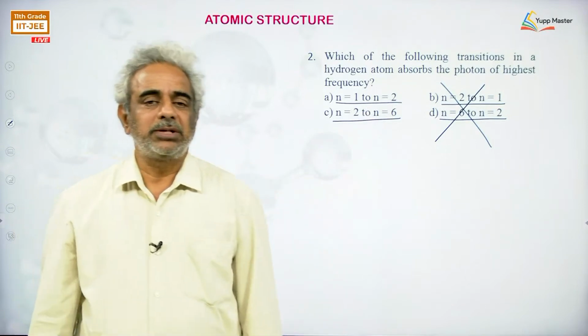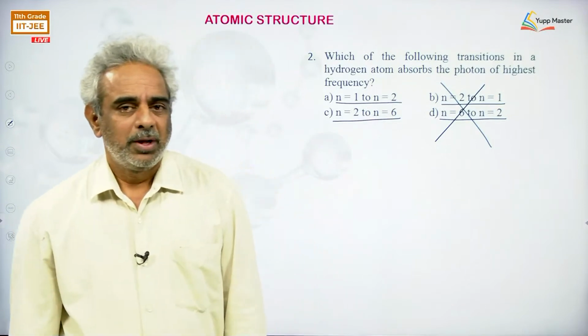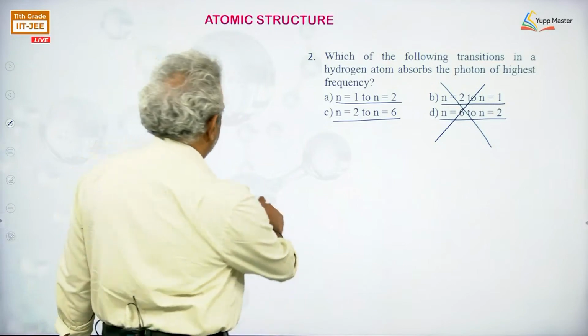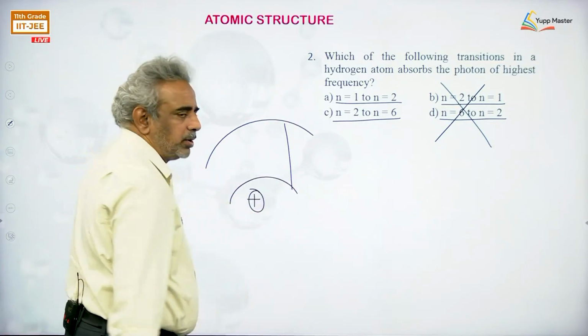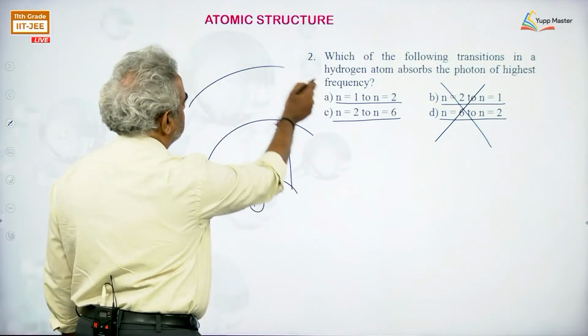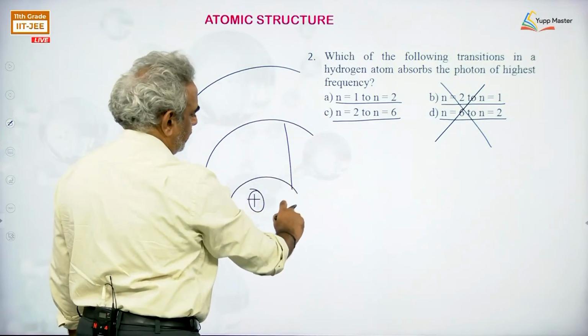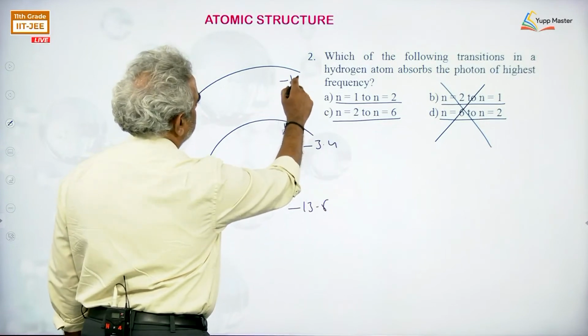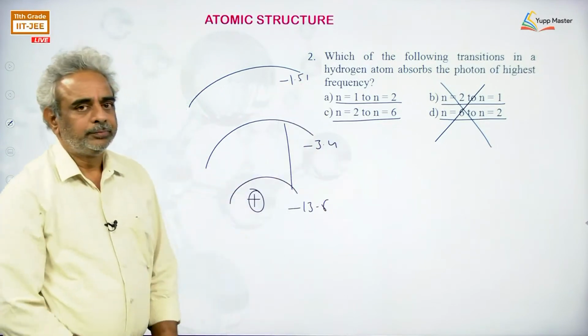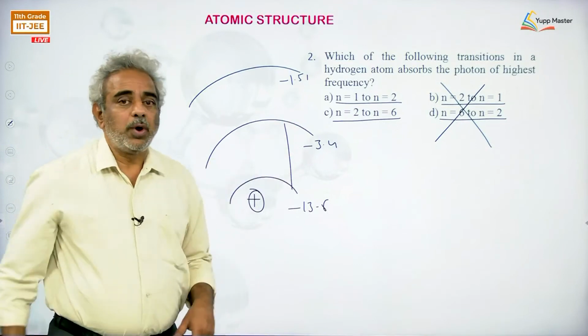Which absorption takes more energy? I told you many times, the gap between 1 and 2 is too much. Energy gap decreases. This is minus 13.6, this is minus 3.4, this is minus 1.51. This gap is 10.2.